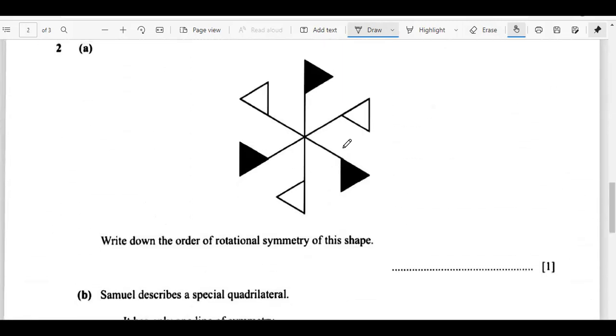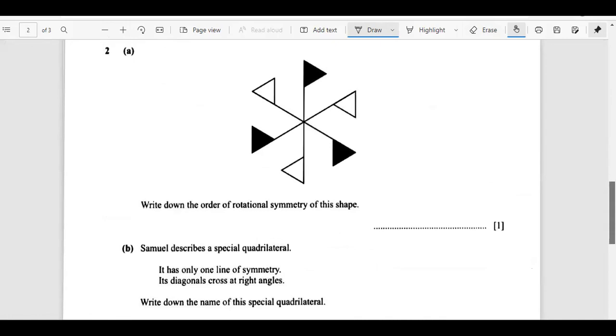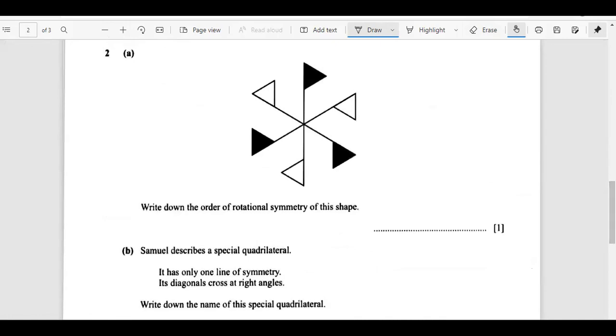This is the next question. It is a question from another paper, and the statement is write down the order of rotational symmetry of this shape. So again, this question is like the one we have done already, and I told you earlier as well that this is the most popular type.